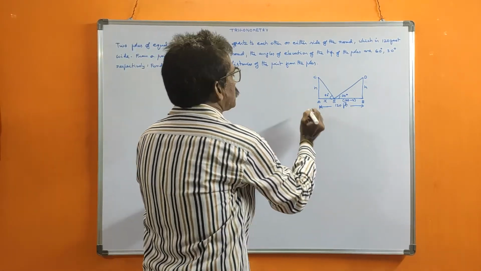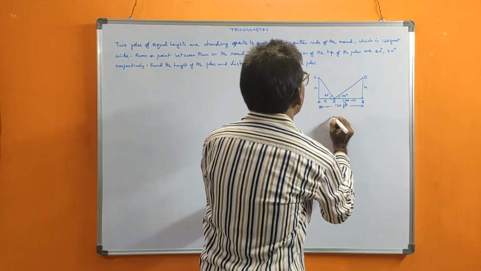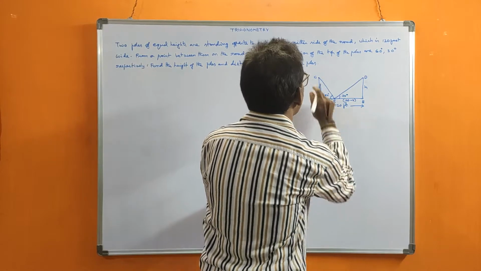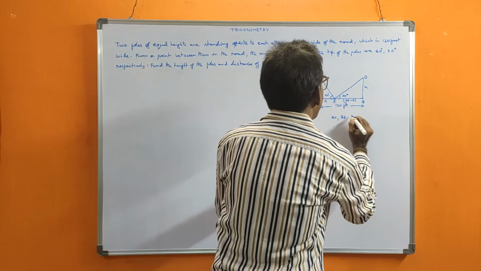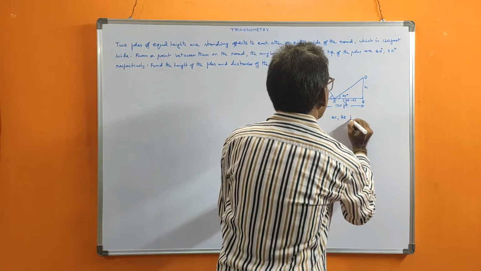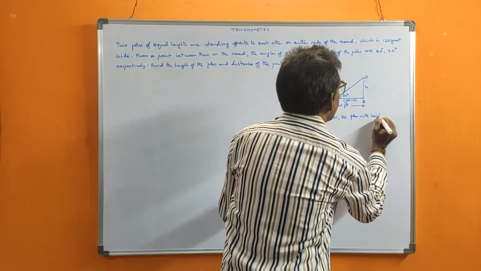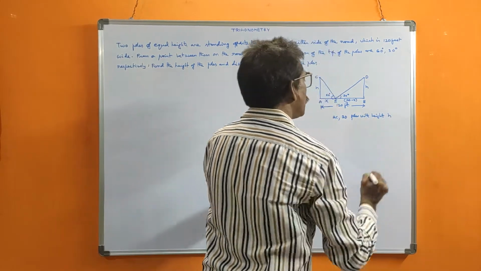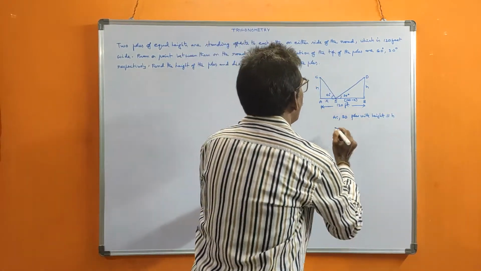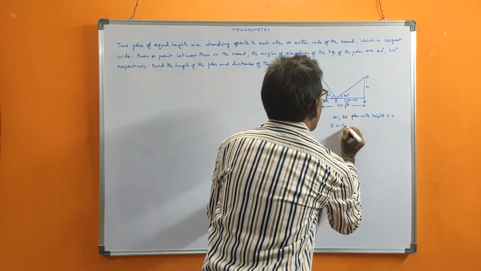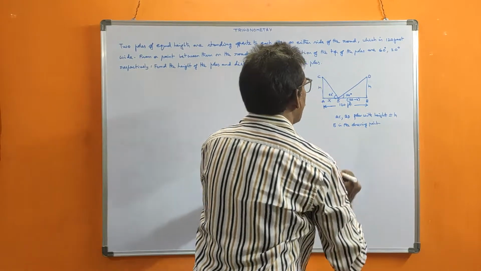Now, here I will write this data. AC, BD, poles with heights, height is equal to H. E is the observing point.